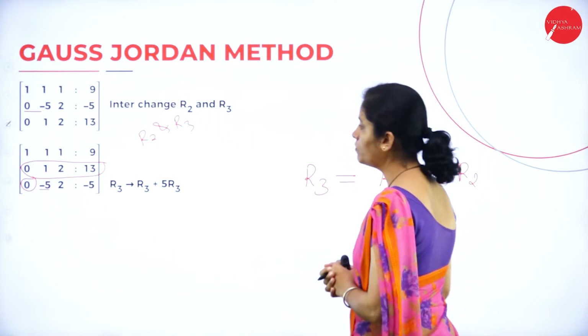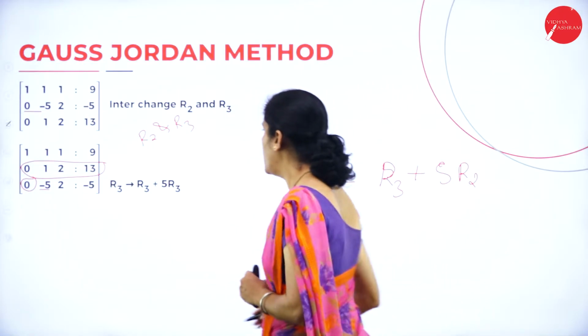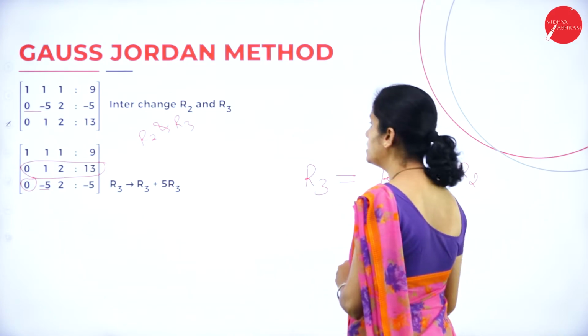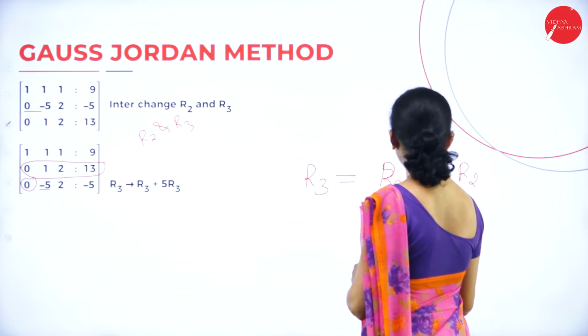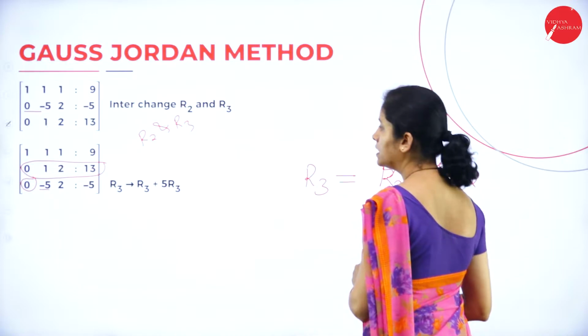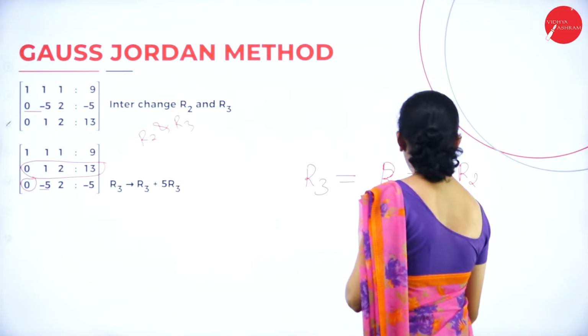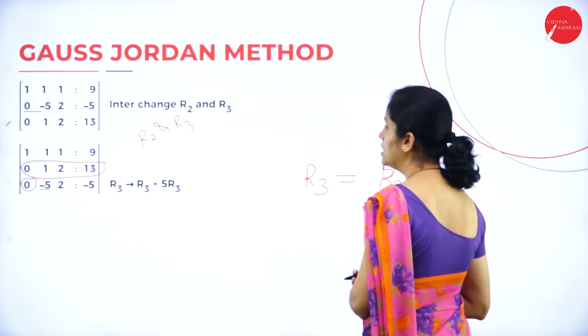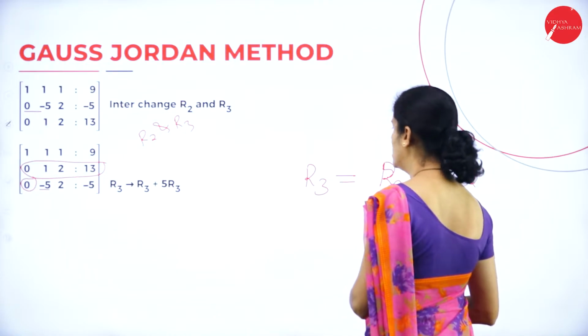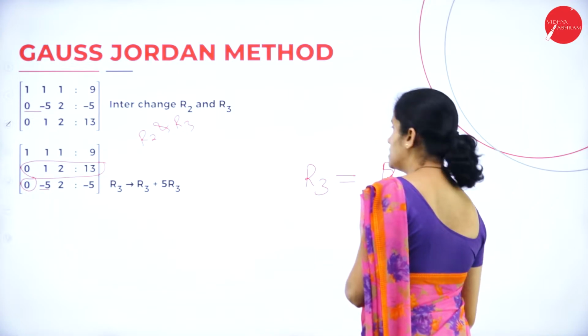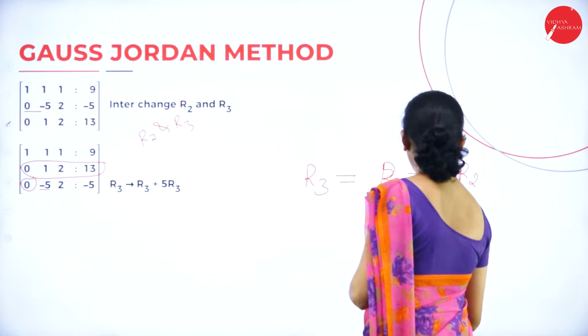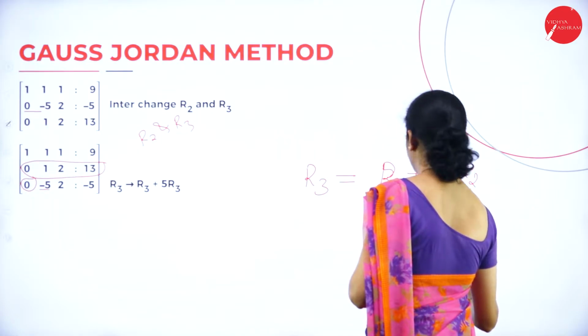5R2. Now when I substitute in R3, 0 plus 0, I'll get 0. Then minus 5 plus 5 is 0. Then I will get 2 plus 5 into 2, 10, which is 12.